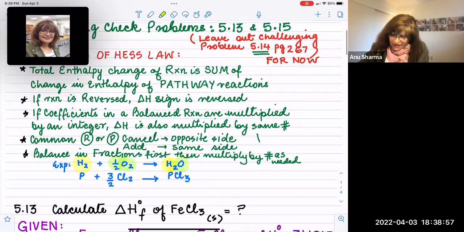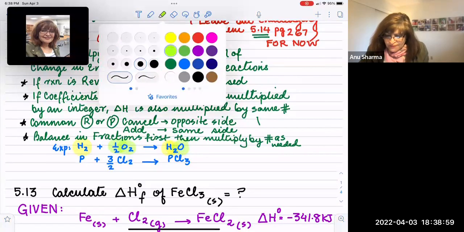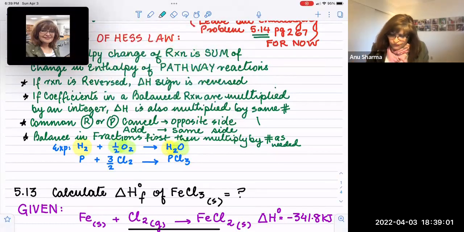That's one piece. Next, look at the phosphorus. Phosphorus is 1 and phosphorus is 1, so this is balanced. Now look at the chlorine. We have 3 chlorines here. How can you get 3 chlorines? You have 2 chlorines on this side. But instead of putting 2 and 3 like you do in molecular balancing, we say we need 3 chlorines. If we have 6 chlorines on one side and then take half, it becomes 3 chlorines.